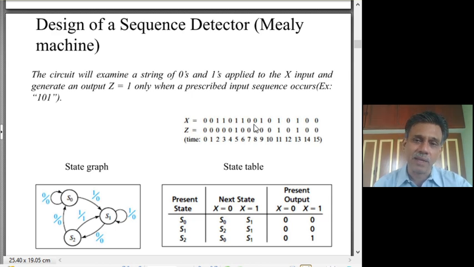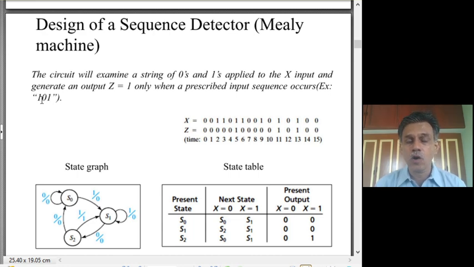So we should remember that every time we get a bit, we should check whether we have got at least the bit sequence partially, and further on, whether we are getting the right bits which match the bit sequence we are looking for. So whenever you get a 1, the machine has to remember that this 1 can be the first bit of the pattern we are looking for.